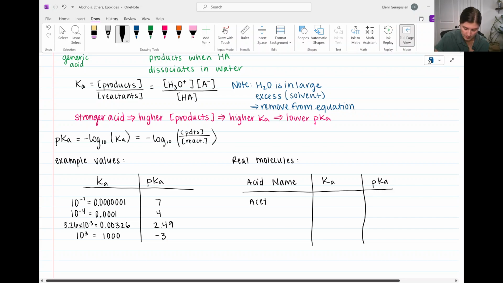Acetic acid is a carboxylic acid with an acetyl group, so CH3COOH. This is provided on the pKa table that you will have for our class. Its Ka value is 1.76 times 10 to the negative 5. Its pKa is 4.75.